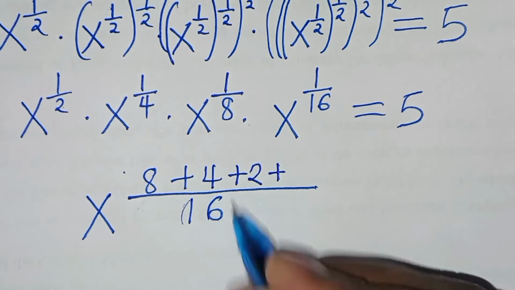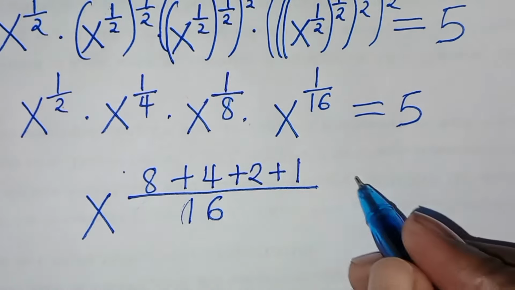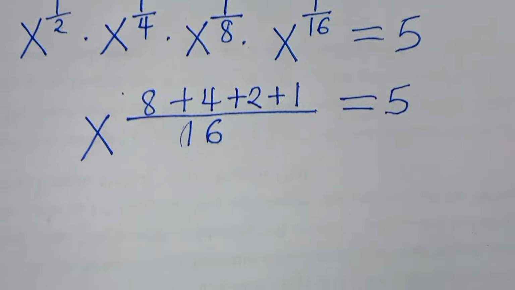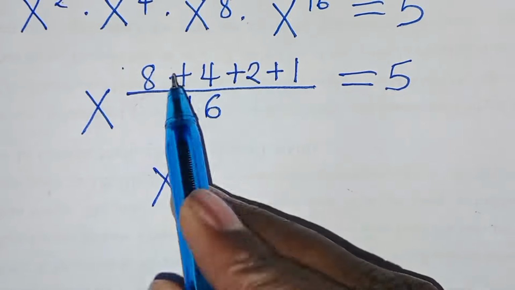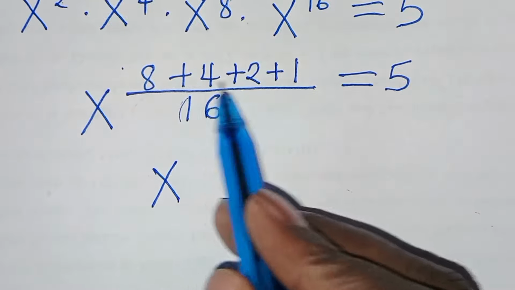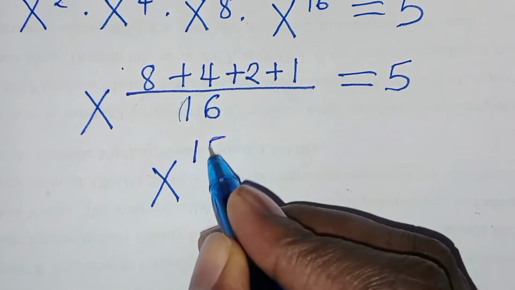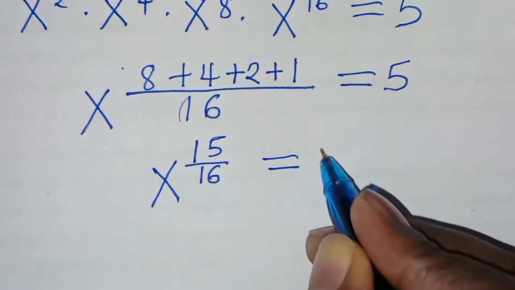Then plus 16 divided by 16, which is 1 times 1, this is 1. Then this is equal to 5. So here we have x to power, this is 8 plus 4, which is 12, 12 plus 2, 14 plus 1, 15. So this is x to power 15 over 16. This is equal to 5.